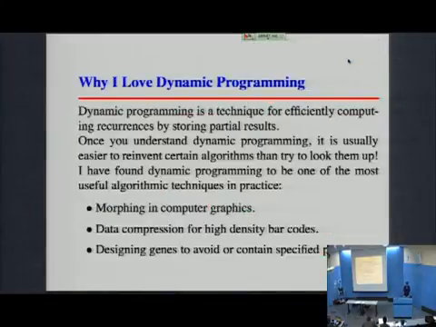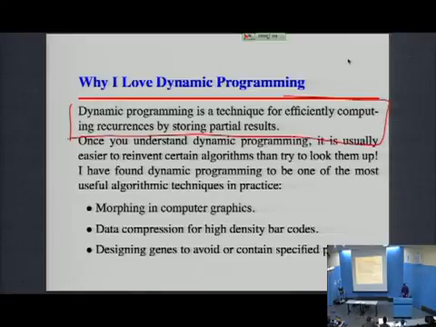So why do I like dynamic programming? What is dynamic programming? It is a way of efficiently computing recurrence relations by storing partial results.